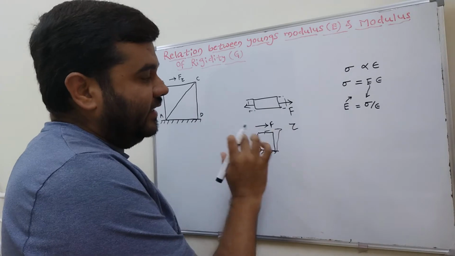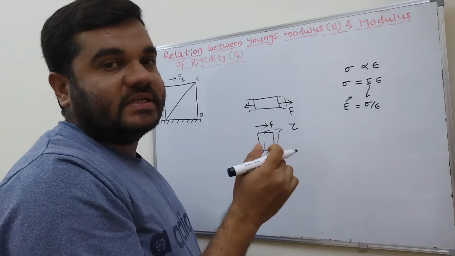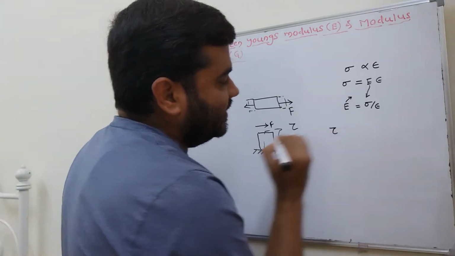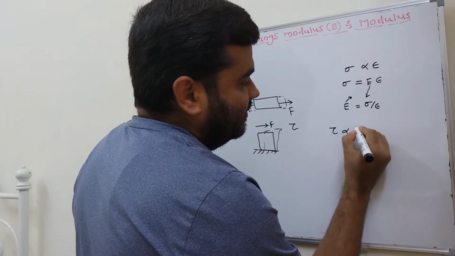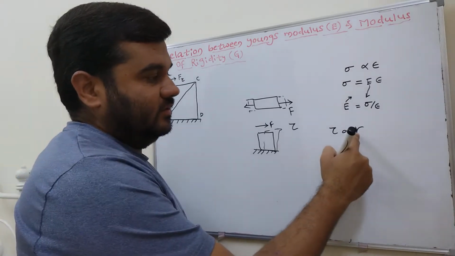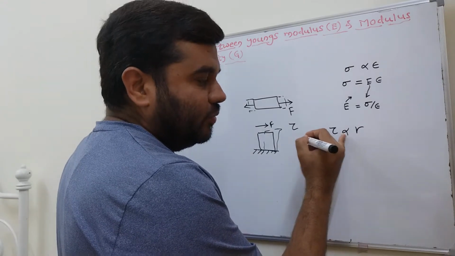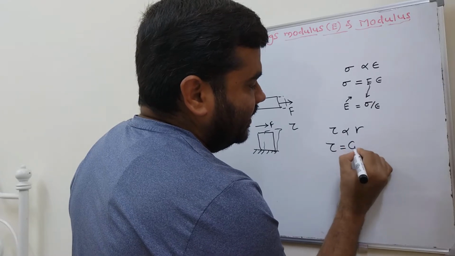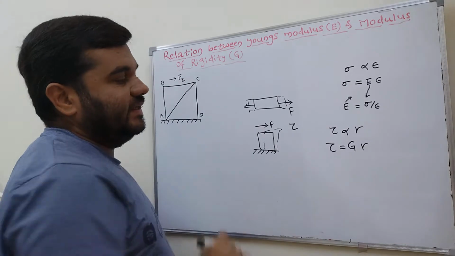As usual here, if the body undergoes any shear load or shear stress within the elastic limit, the shear stress is directly proportional to the shear strain. Shear strain is denoted by gamma here. So if you want to remove the proportionality, shear stress equals G into shear strain, where G is the modulus of rigidity.